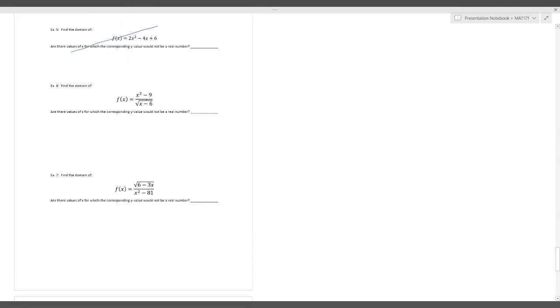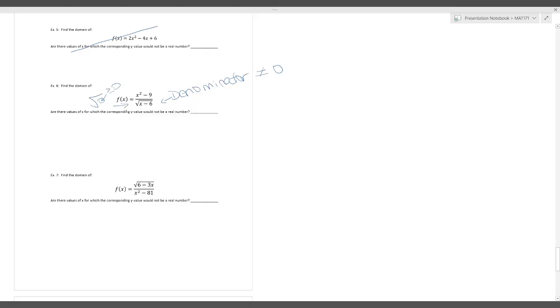And our next example, we have a couple of things going on here. We have a denominator. Denominator cannot equal 0. We have a square root, and what's under the square root must be greater than or equal to 0.